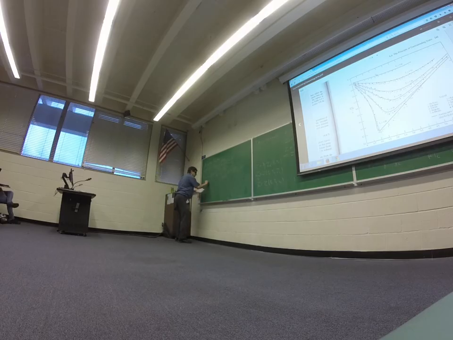Substitute in it that V equals RT over P times Z of T reduced, P reduced.